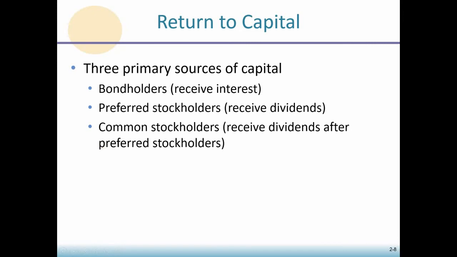So, returns to capital, right? Returns to investors. Okay. Bondholders receive just interest, as do other lenders, which would be like banks, etc. Preferred stockholders receive dividends, okay, and there's different types of preferred. I'll tell you that preferred is not a real often used vehicle for raising capital.